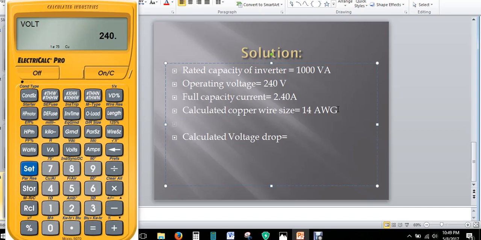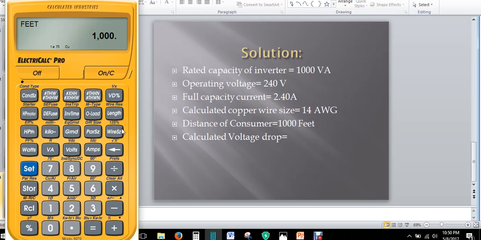So distance of consumer equal to 1000 feet. Now we have 1000 as the length, 1000 feet.